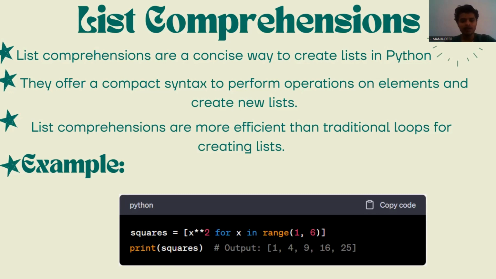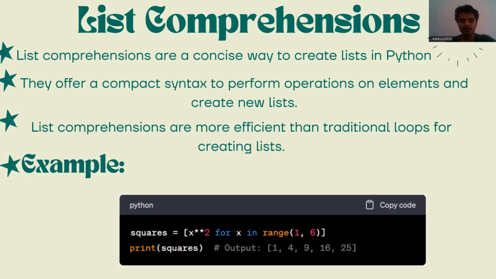Here squares is the name of the list, and now we print the squares. The output will be [1, 4, 9, 16, 25]. The squares of the numbers from 1 to 5 have been printed as output.